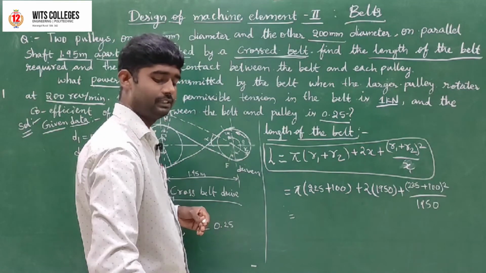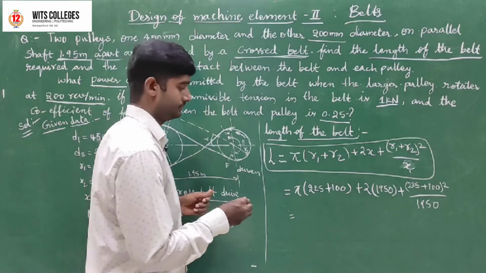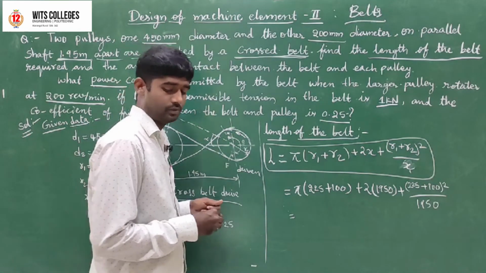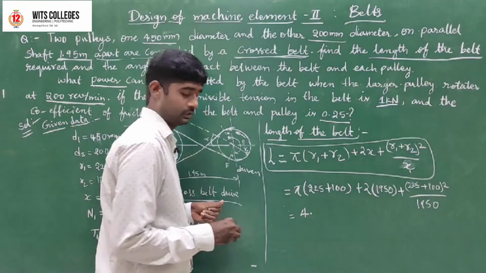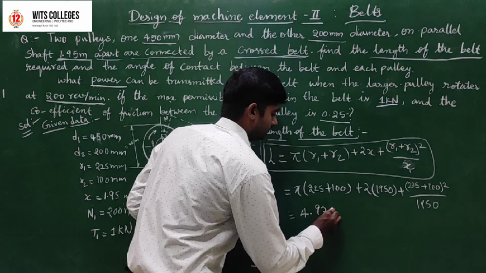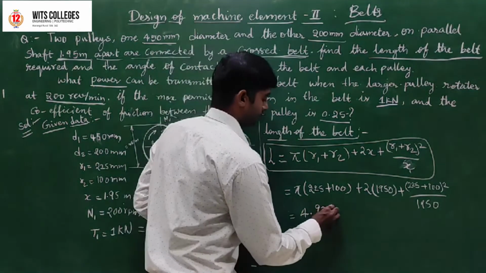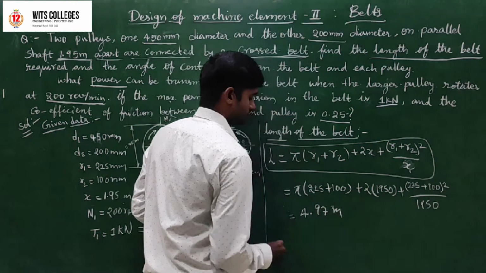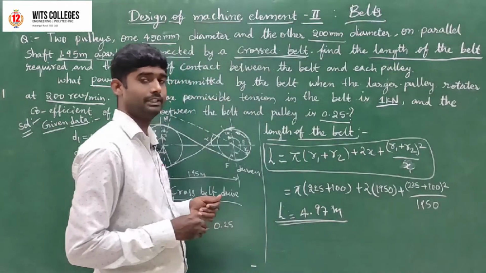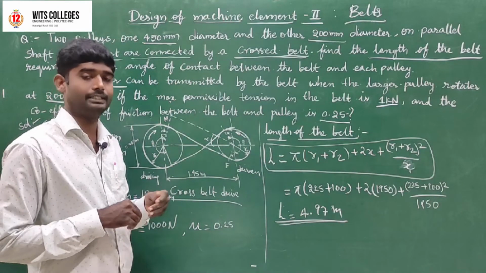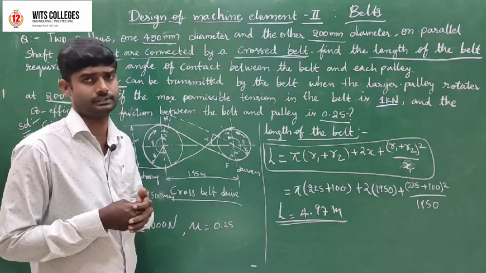Find out L. L is equal to 4.97 meters. This is the length of the belt. Next, coming to finding the angle of contact.